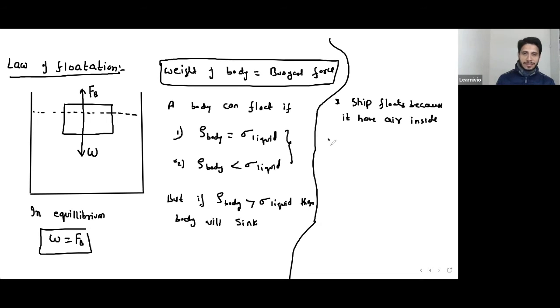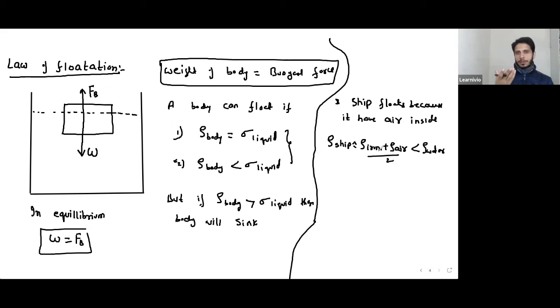The average density of the ship is, you can say, the density of iron plus the density of air divided by 2, which is less than the density of water. That's why the ship does not sink, it floats. The ship is hollow from inside, it's empty, air is filled into it.